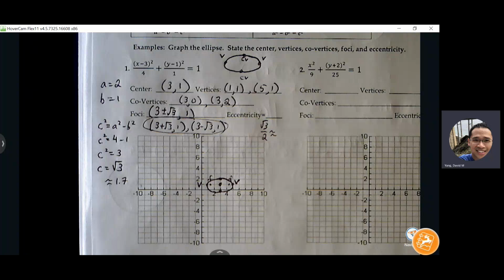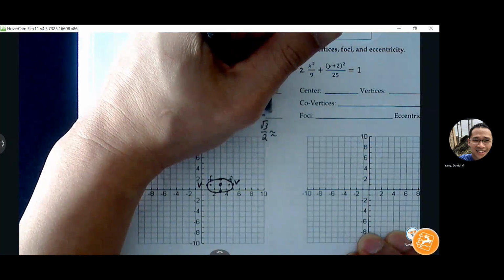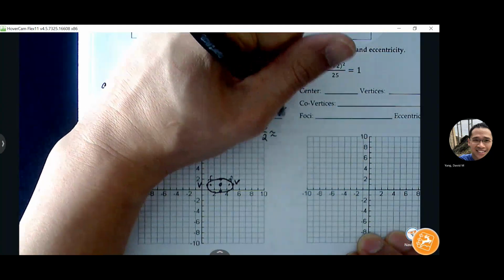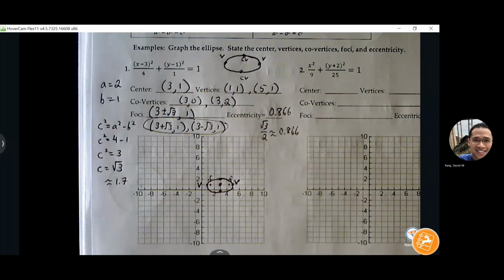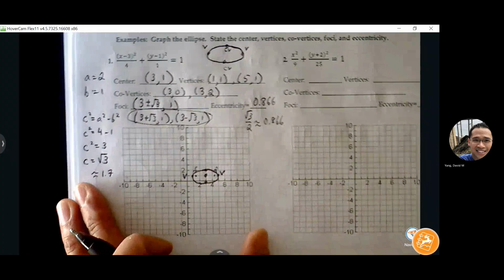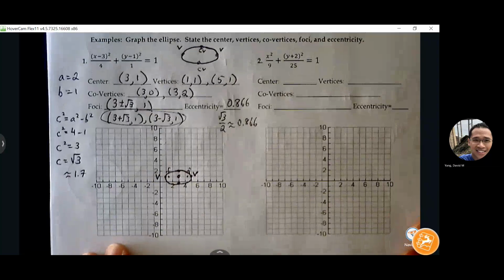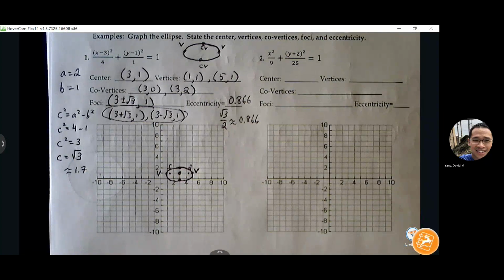In my calculator, I'm going to put that in. 0.86. Okay, any questions?